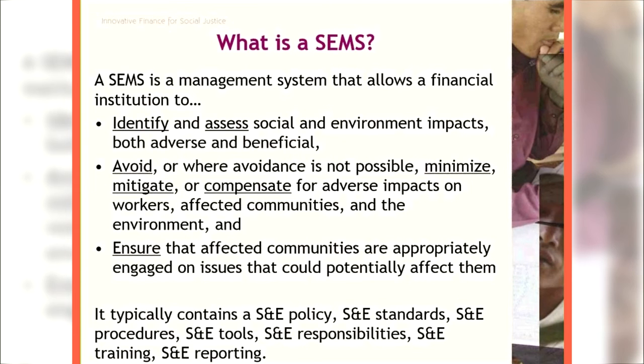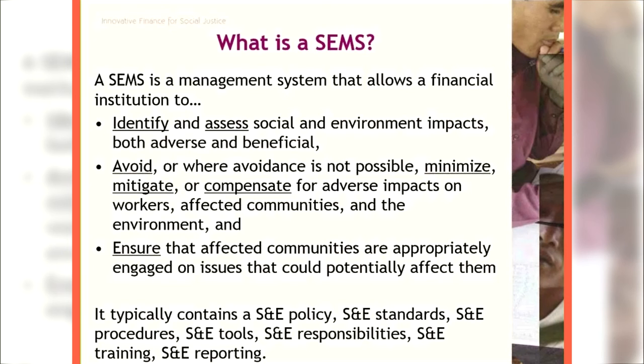This slide is very full. I'm sorry for that. But I thought it makes sense putting a bit more words here, because such a social and environmental management system is a management system, yes, that allows a financial institution to identify and assess such social and environmental risks and impacts.